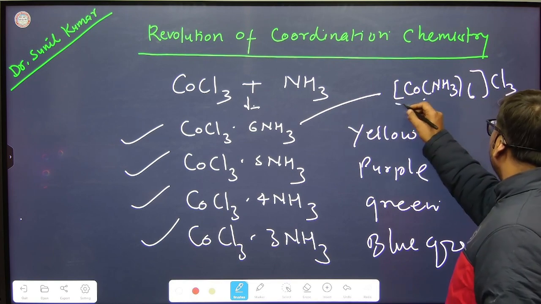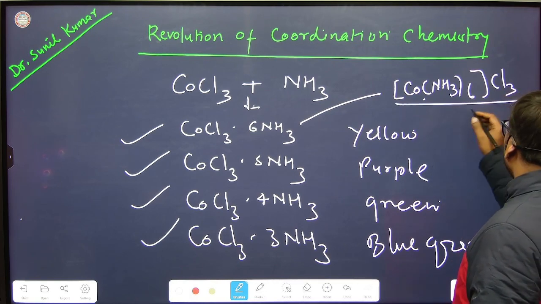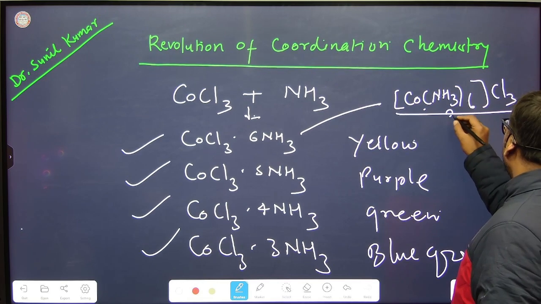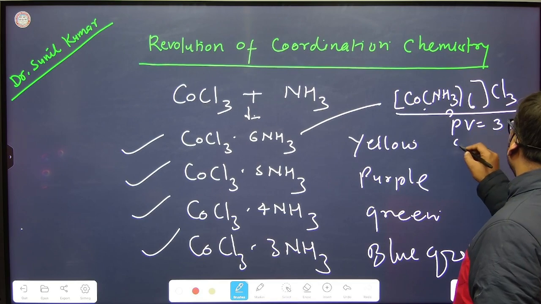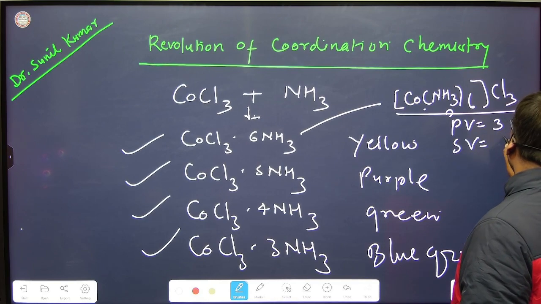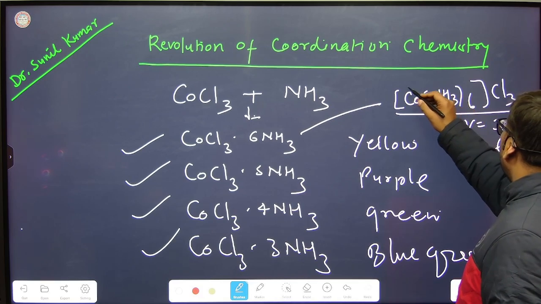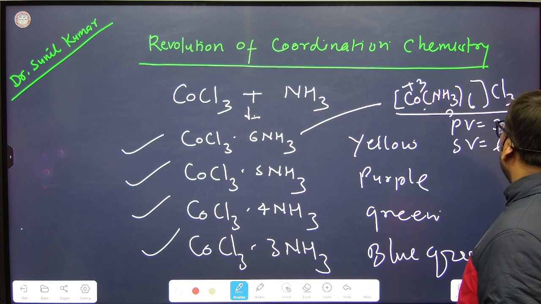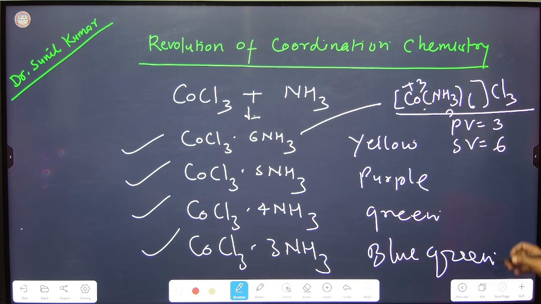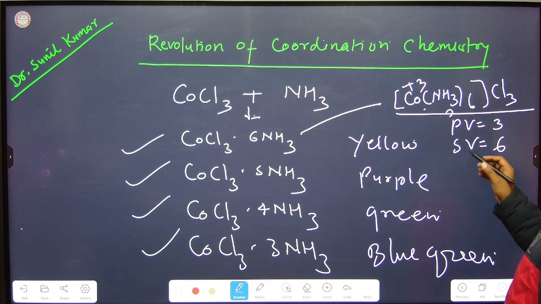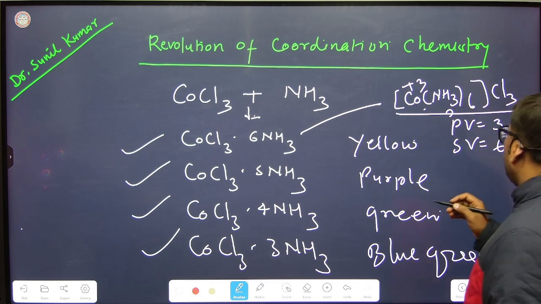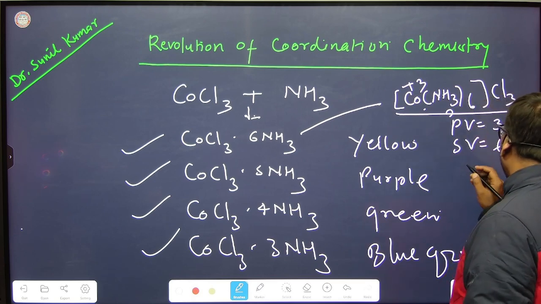So it has primary valency, that is 3, and secondary valency, that is 6. So this 3 indicates the oxidation number of cobalt is +3. Okay, and 6 ammonia molecules are directly attached to this cobalt to form a particular geometry called octahedral.